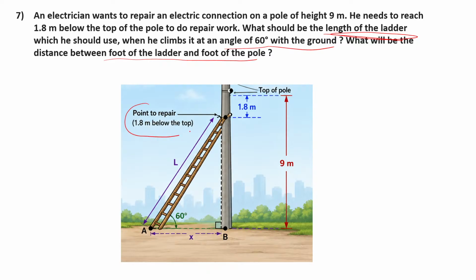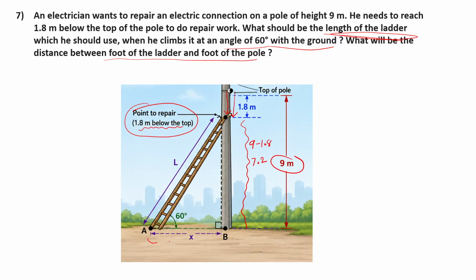The point to repair is 1.8 meters below the top. From here it is 1.8 meters. Now the total height is 9 meters. From the top up to here it is 1.8 meters. Now the balance height of this pole is nothing but 9 minus 1.8, which is 7.2 only.